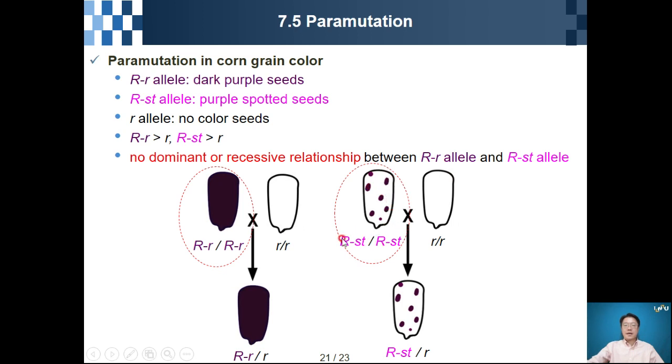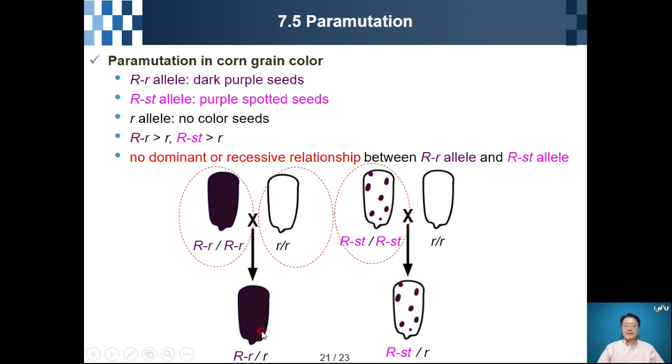And the small r allele encodes the no-color seed, but large R dash small r is dominant over small r, and large R st is also dominant over small r.